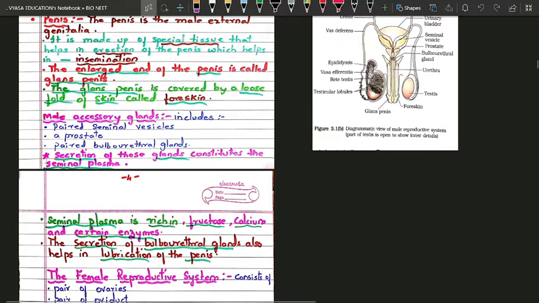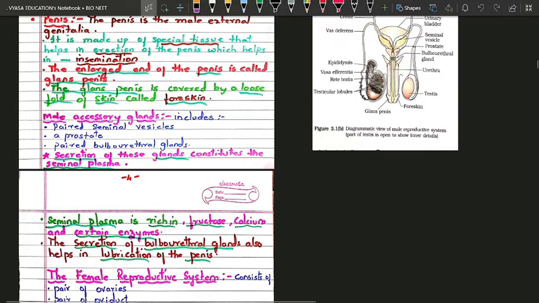It includes paired seminal vesicles, a prostate, and paired bulbourethral glands. What are the accessory glands? The first one is the paired seminal vesicles, 1 and 2. So they are two, and they are called paired. A prostate, that is a single prostate.